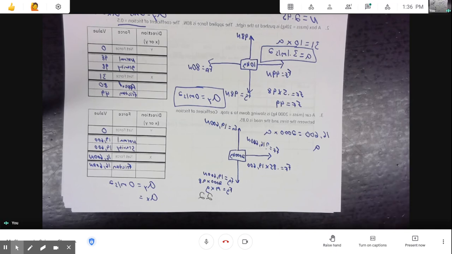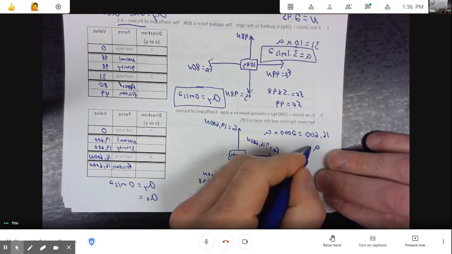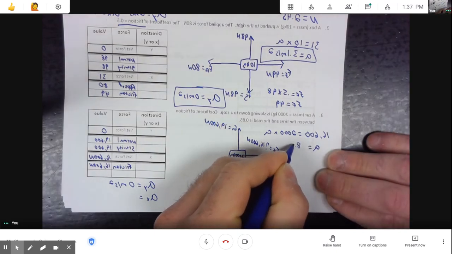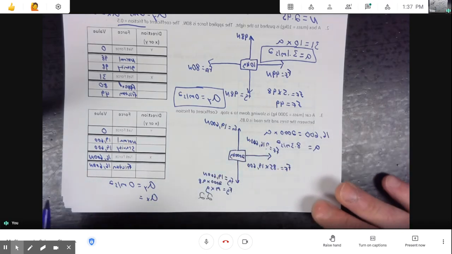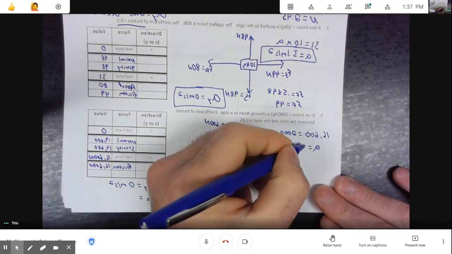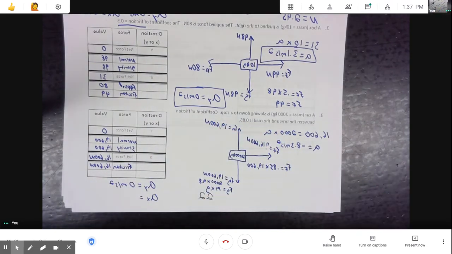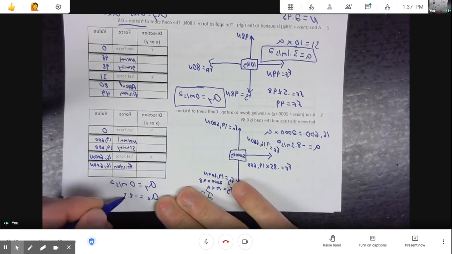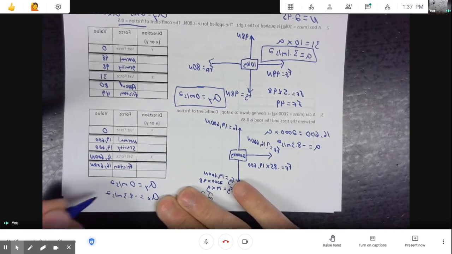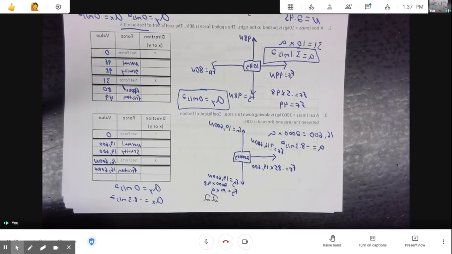We get 8.3. Now, we should make that 8.3 negative because we know it's decelerating. So our negative 8.3 meters per second squared would be the acceleration, or the deceleration, in the x direction.